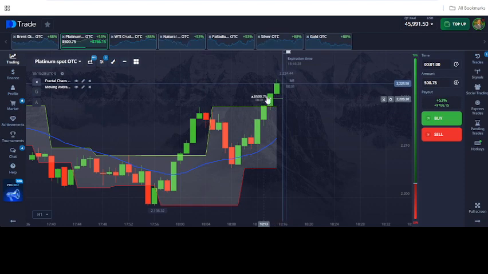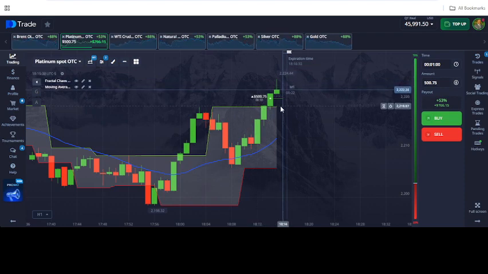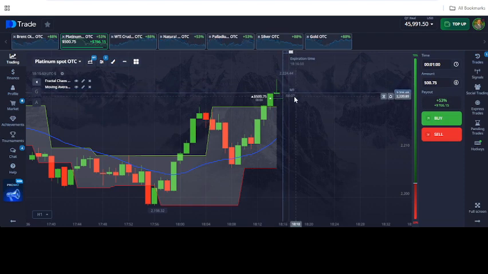And secondly, this candle here closed above the upper boundary of the Fractal Chaos Band line here. So I took the trade. I took the trade right before it closed because I knew it was going to close above the Chaos Band line here. So let's monitor this trade and wait for the expiration.